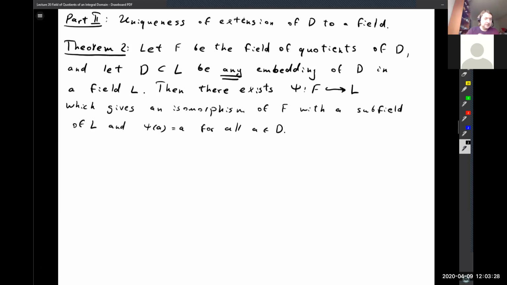Okay, so this can be summarized in the following diagram. Suppose we have an integral domain D. As we proved, it injects into the corresponding field of quotients F. At the same time, suppose that D is a subring of a field L. Then D is a subring of another field, which is psi of F, a subfield of L, and these two are isomorphic.